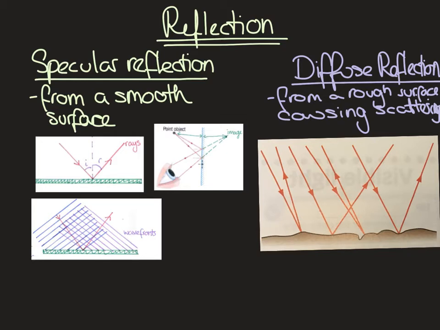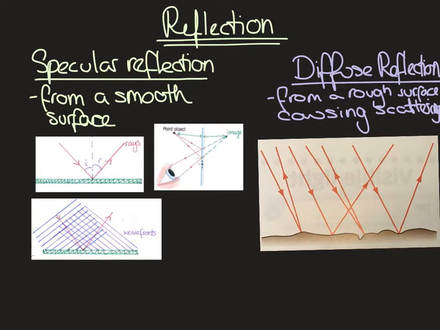Now we're going to remind ourselves that there are other types of reflection that can take place, and we can also have diffuse reflection. This is where we have reflection from a rough surface that causes scattering. You can see here this surface isn't flat, it isn't smooth, and so when an incident ray lands on the surface, it gets scattered in different directions.